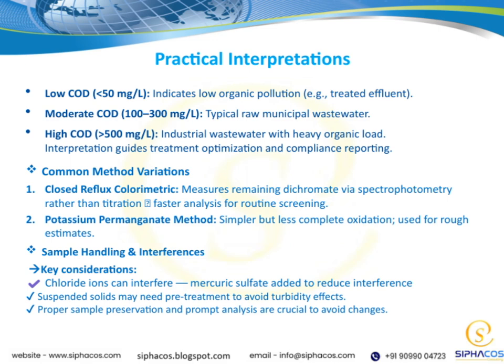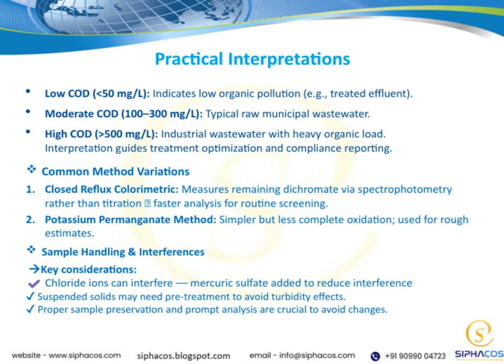Now, handling samples properly is critical to getting accurate results. First, consider potential interferences. For example, chloride ions can interfere with the measurements, but adding mercuric sulfate can help reduce that interference. Suspended solids can pose problems too, so pre-treatment might be necessary to prevent turbidity from affecting the analysis.